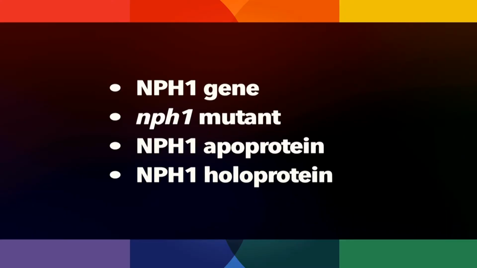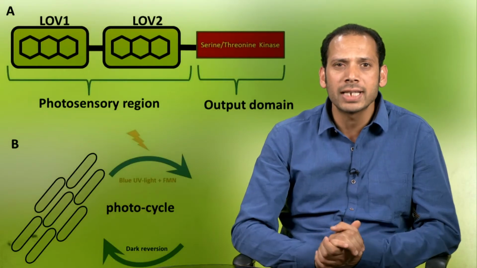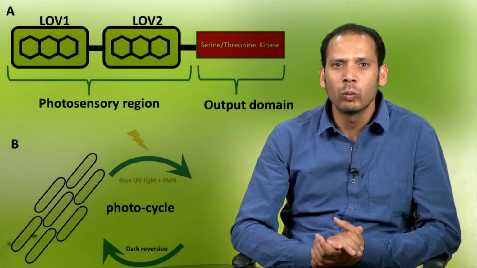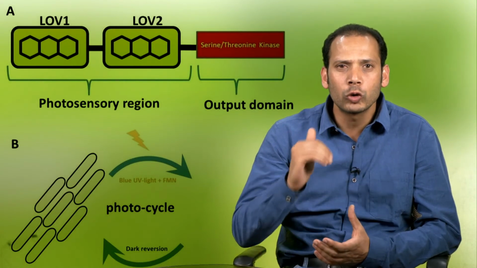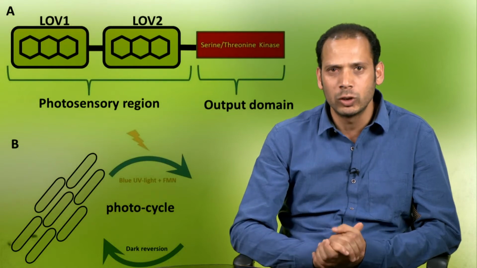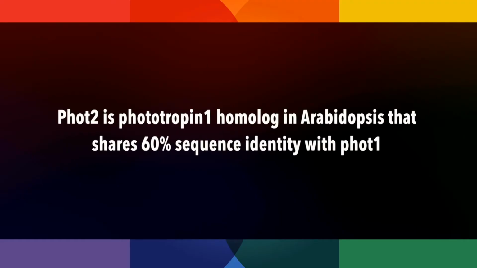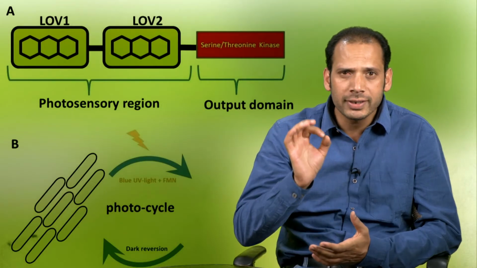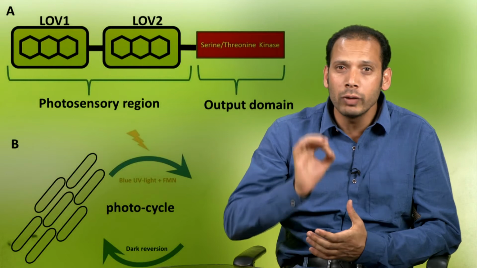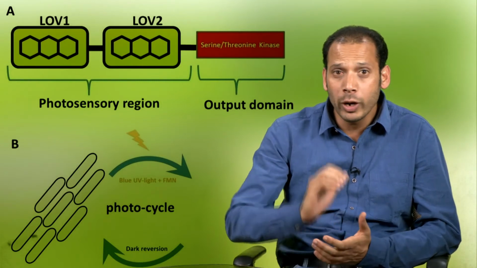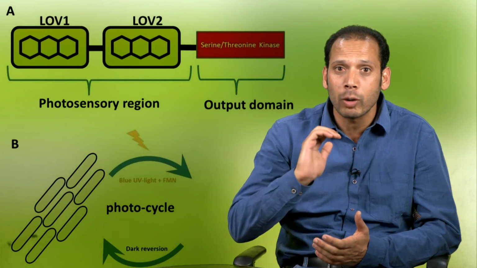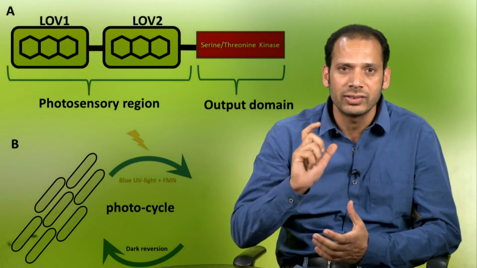The NPH1 gene, nph1 mutant, NPH1 apoprotein and NPH1 holoprotein have been renamed as PHOT1 and phot1 respectively, designating phototropin and phot mutant. PHOT2 is a phototropin 1 homologue in Arabidopsis that shares 60% sequence identity with phototropin 1. Phototropin 1 and phototropin 2 contribute equally to stomatal opening, whereas avoidance movement of chloroplasts is mediated by phototropin 2 under high light intensities.